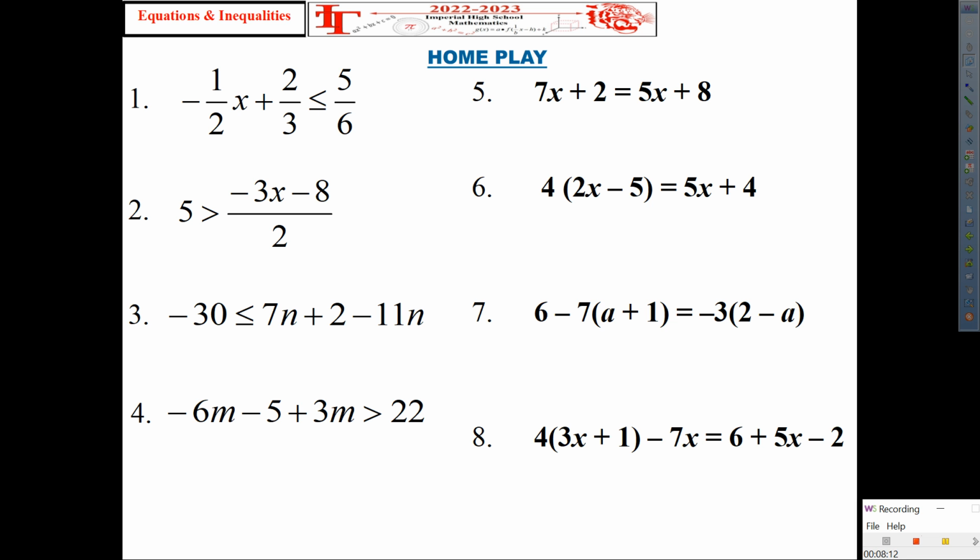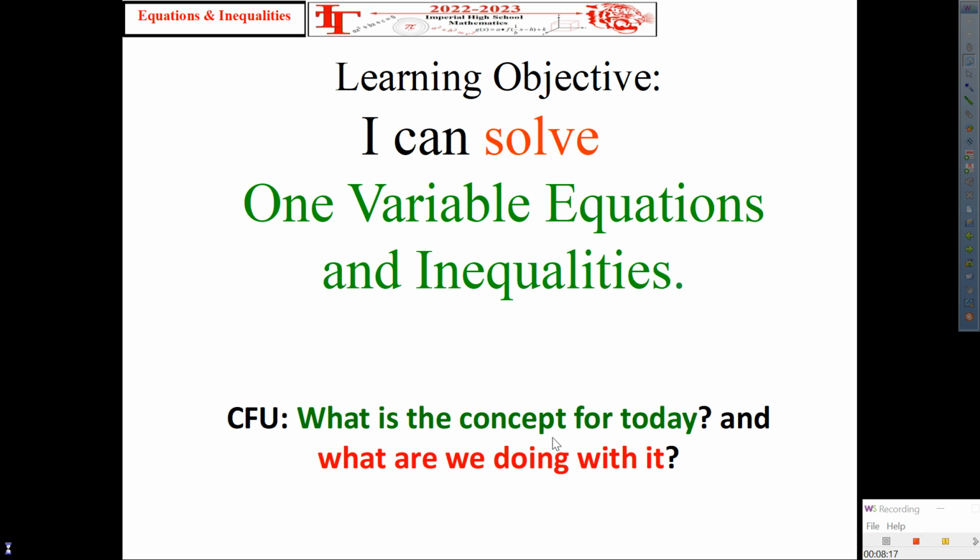That's crazy. All right, so with that said, at the bottom left of your Cornell Notes, we write our objective. I can solve one variable equations and inequalities.